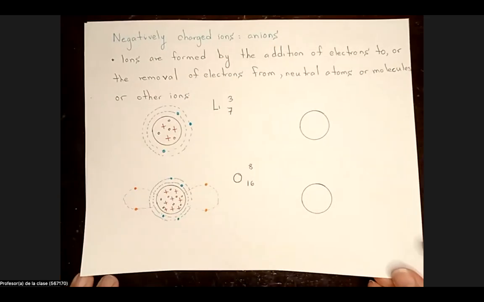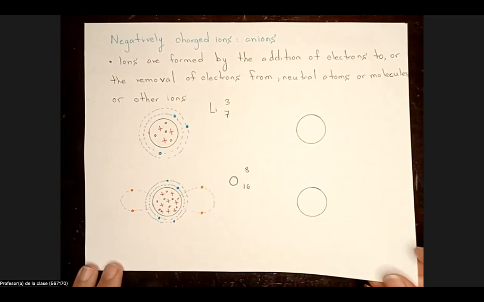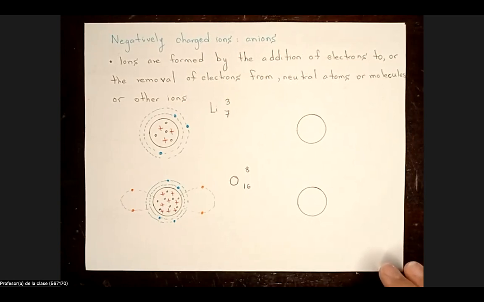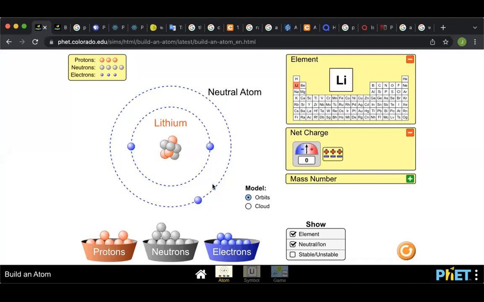Then negatively charged ions are called anions. And I will form an ion here. Look at this. That is a neutral atom, and then we have an anion.